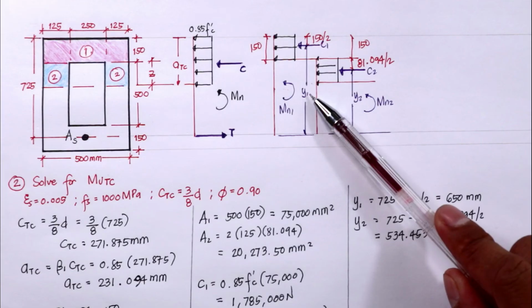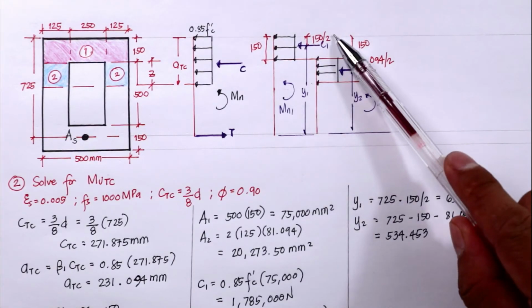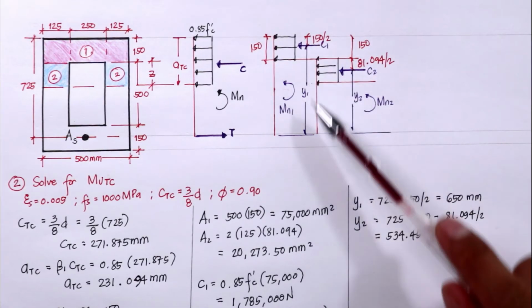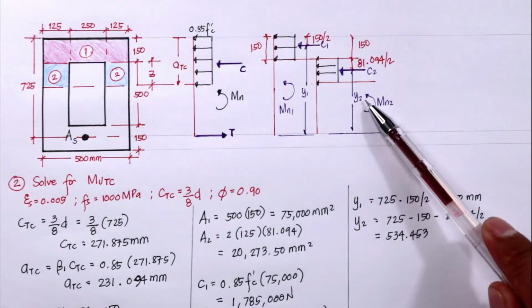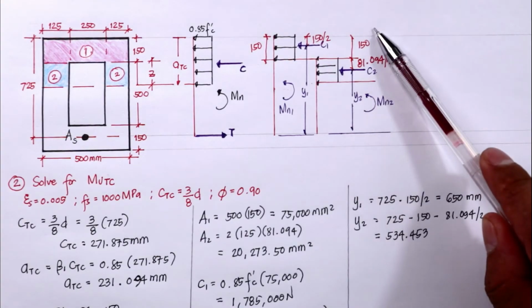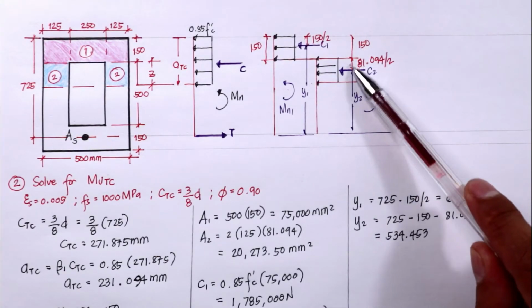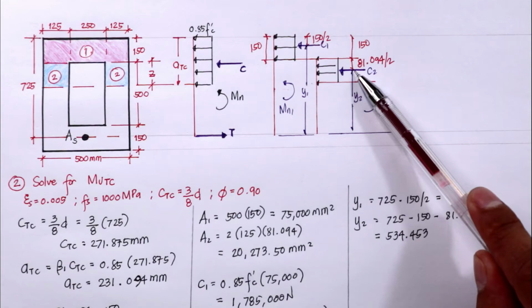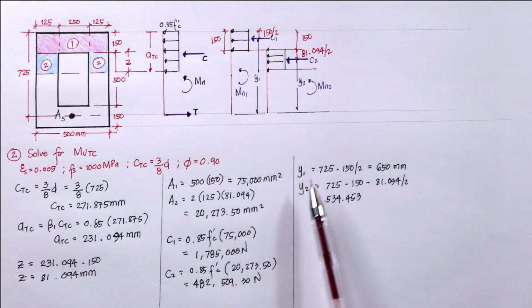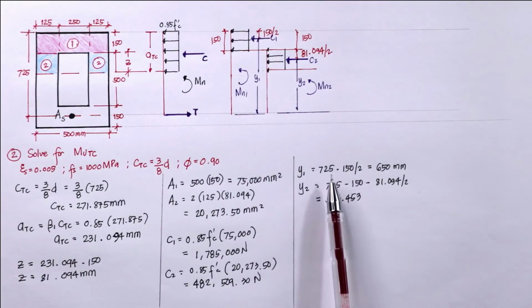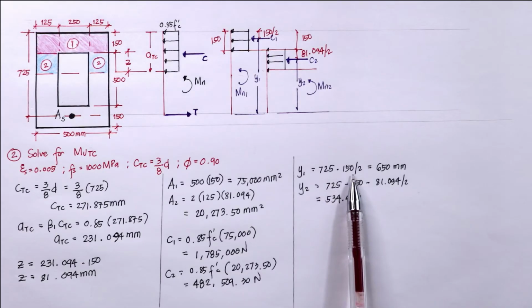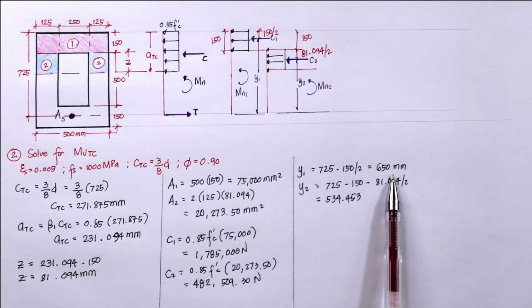Solving for the value of Y1, tulad lang na ginawa ko kanina, yung total depth na to is effective depth or 725 minus 150 over 2 para makuha value ng Y1. Sa Y2 naman, this distance, effective depth, minus 150 minus 81.094 over 2. Kaya magiging value ng Y1 natin is equal to 725 minus 150 over 2 is equal to 650 mm.